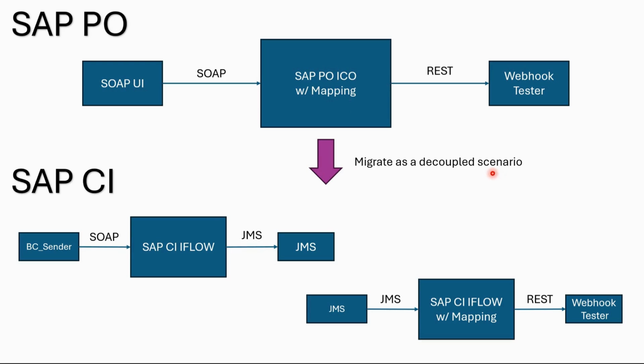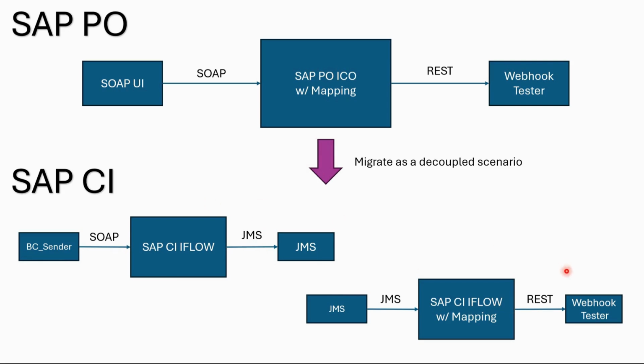The first option is to migrate it as a single iFlow, or we can migrate it as a decoupled scenario. If we choose a decoupled scenario, then the ICO will be broken into multiple parts. One could be, and that is what has been done here, two iFlows: one is SOAP to JMS and the other is JMS to REST.